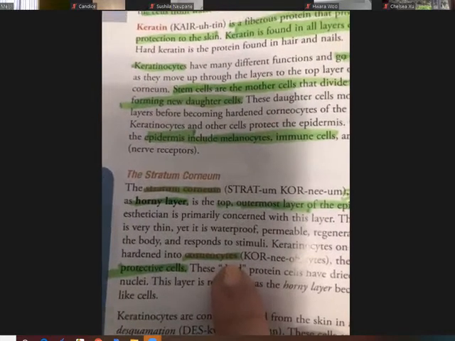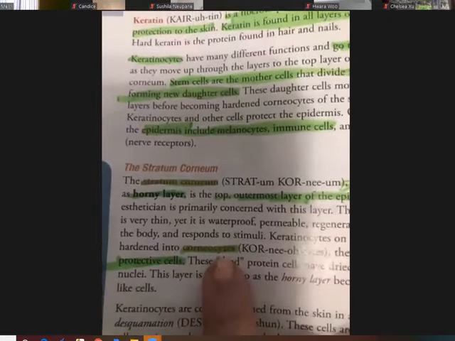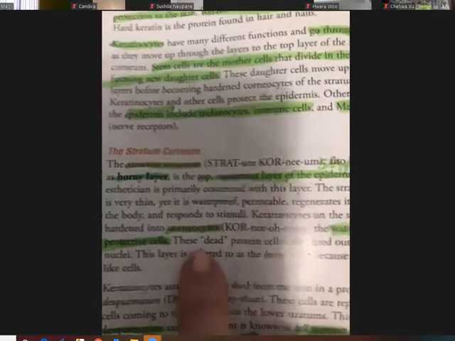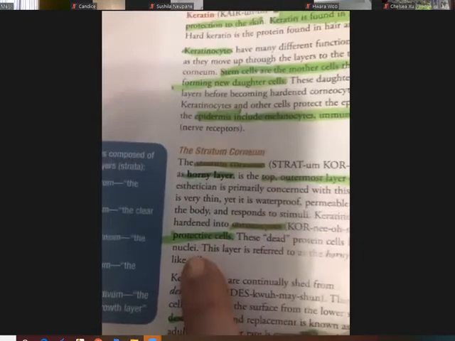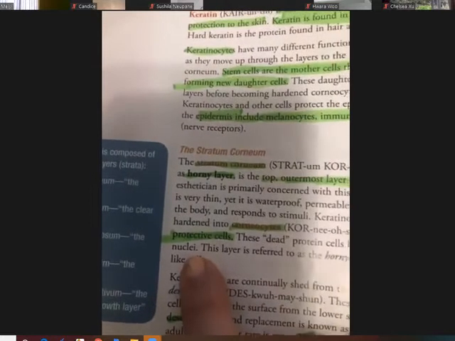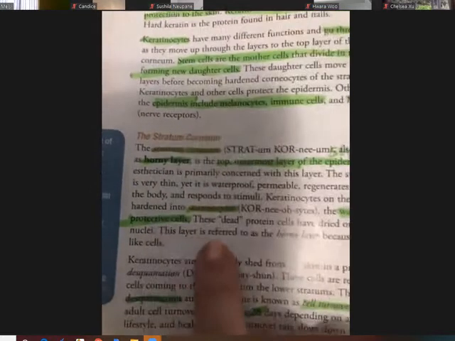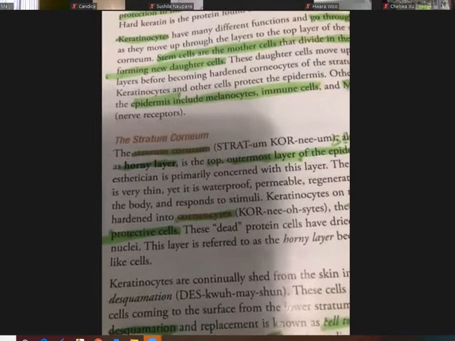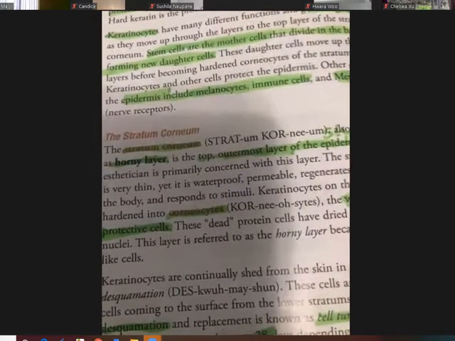They're waterproof. 防水. These dead protein cells dry out and lack nuclei, which means they're already dead. This layer is referred to as the horny layer because of the scale-like cells, like crocodile and snake. The skin is dry, that's why it's called scale-like cells.